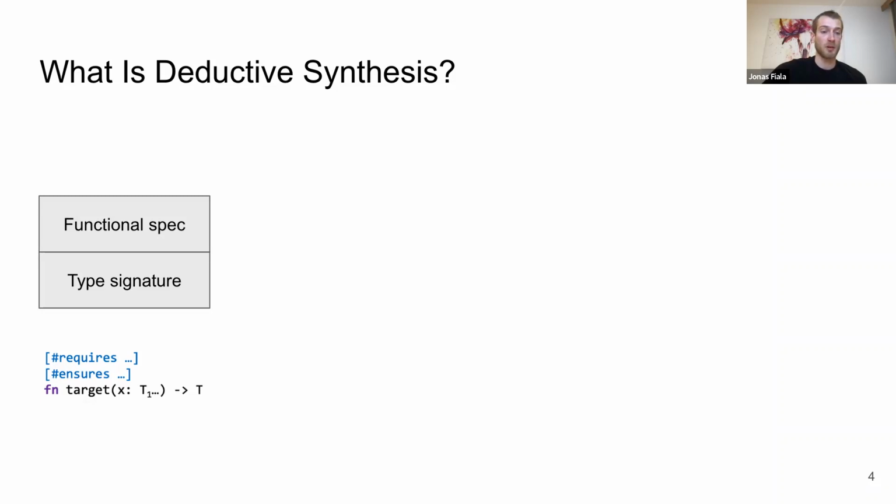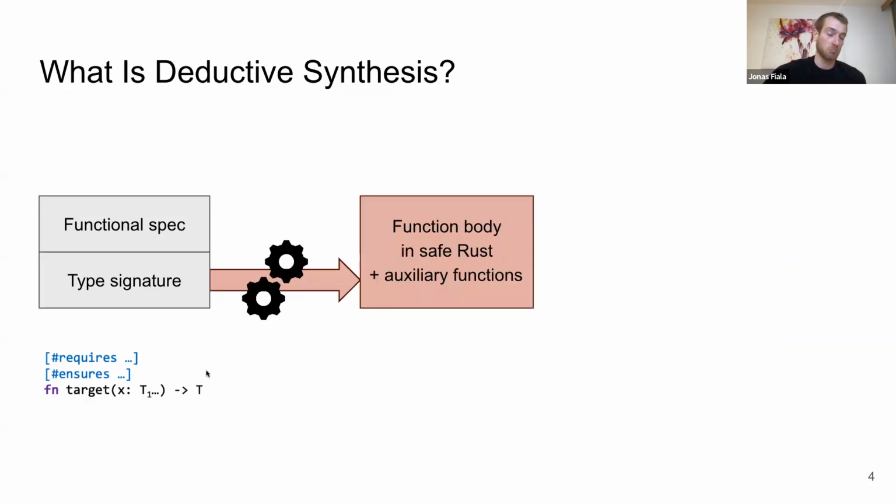We give this to the tool, it will work for a bit, and then at some point return an implementation for this function. If it's a recursive function, it might need some auxiliary helper functions, so it can synthesize those too.